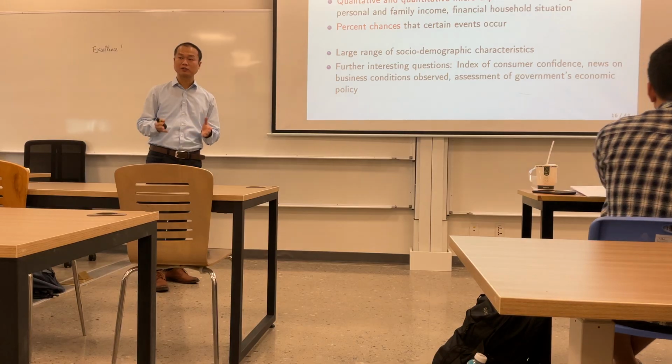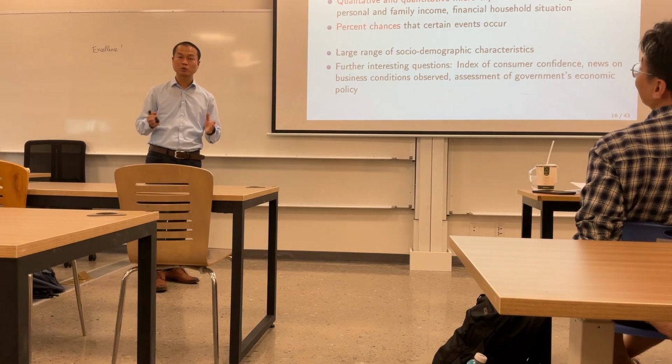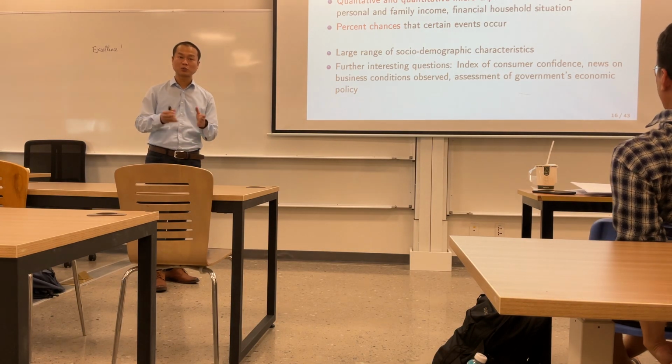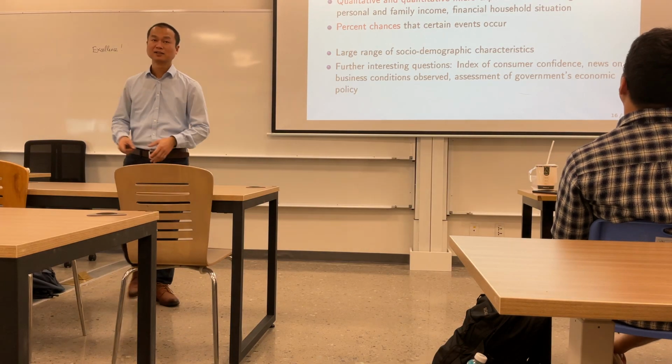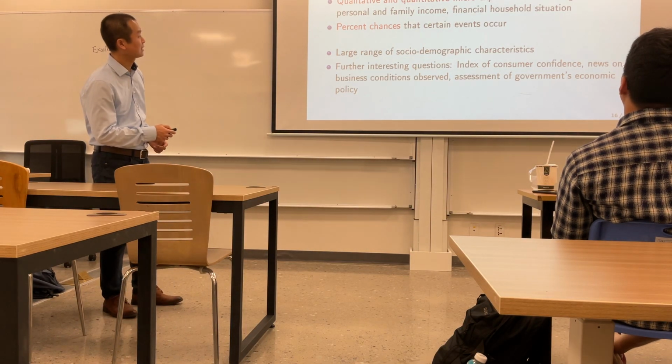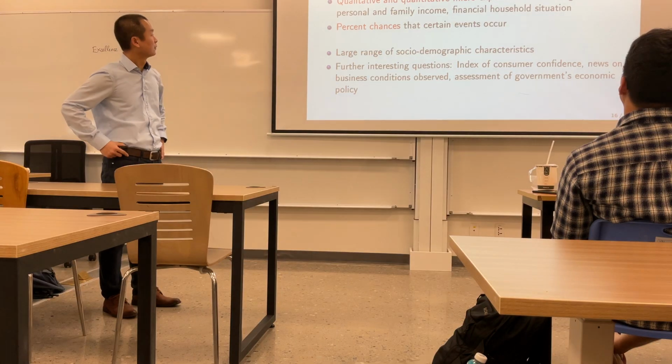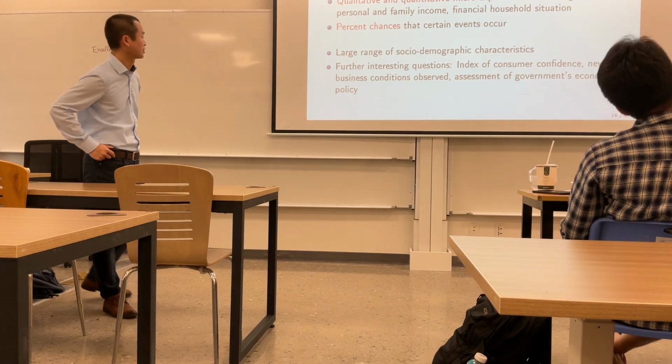For example, whether now is a good time to buy durable goods or not, a good time to buy a house, or a good time to buy a car. That is the attitude condition.